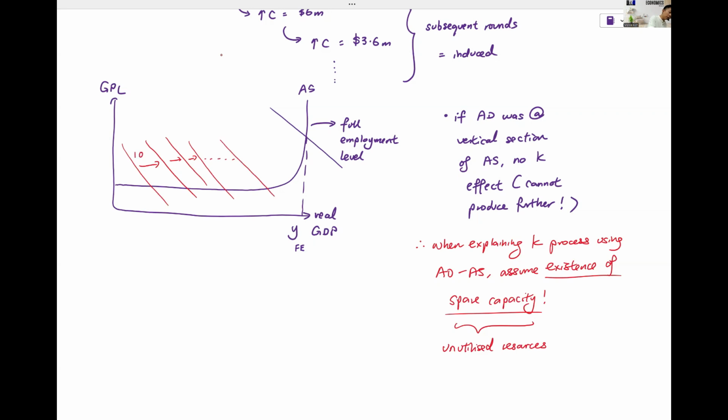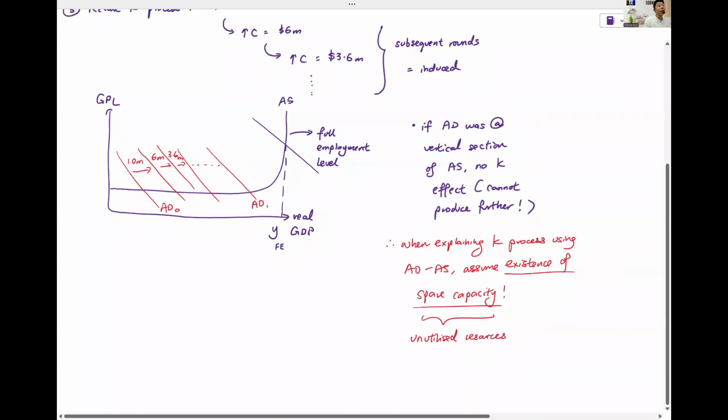This was 10 million, 6 million, 3.6 million, and so on, all the way from AD0 to AD1. So this is just a very quick view on how to integrate the multiplier process into AD and AS.